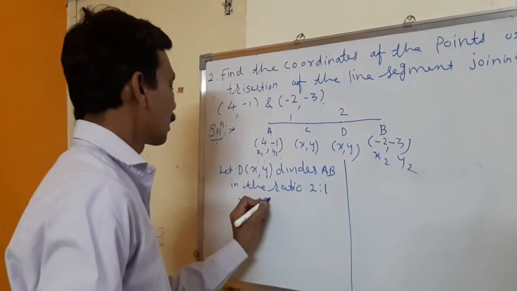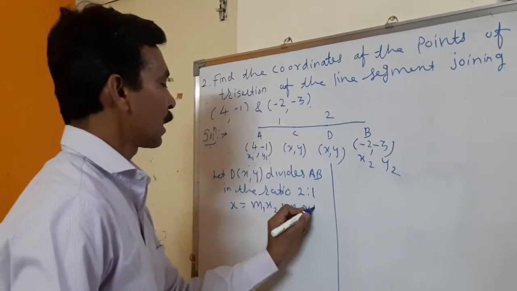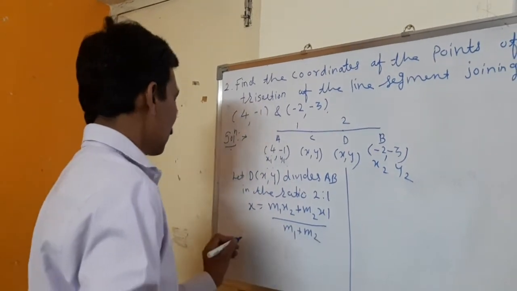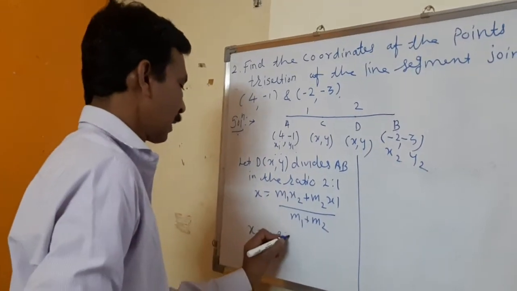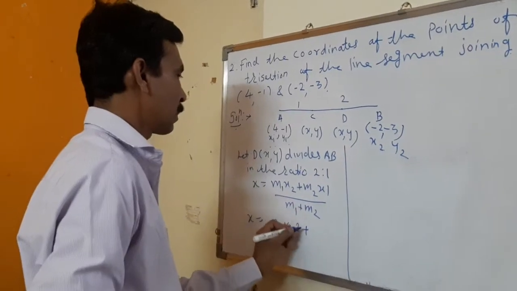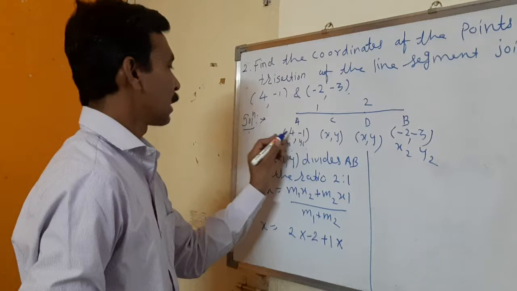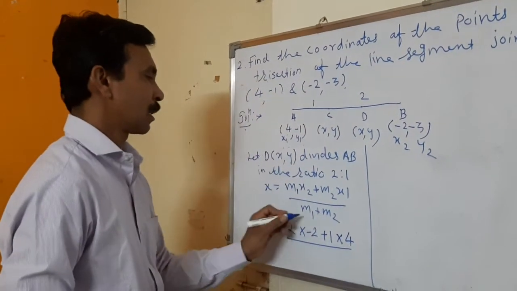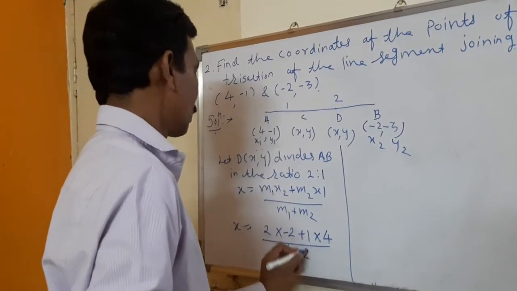X is equal to m1 x2 plus m2 x1 upon m1 plus m2. X is equal to m1 is 2 into x2, x2 is minus 2 plus m2, m2 is 1 into x1 is 4 upon m1 plus m2, that is 1 plus 2.